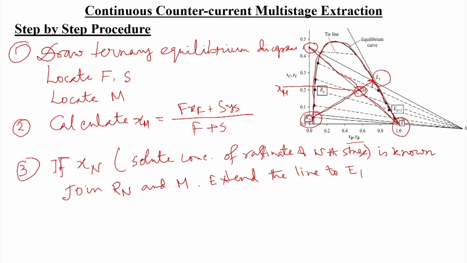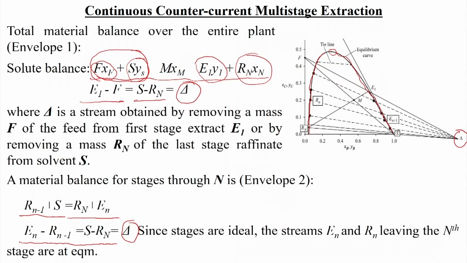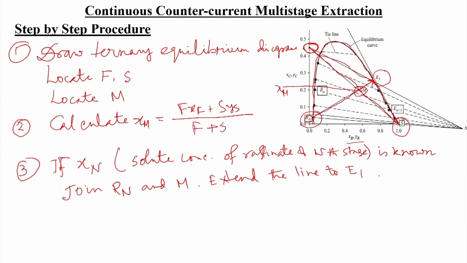Now, we have F available, we know then E 1. So, we know that the difference point we found out, E 1 minus F or S minus R n, is giving this delta. So, whenever we have this F and E 1 we have this one. So, E 1 minus F, or we will be getting now S minus R n, suppose we have this S and R n. So, from there we will be getting this same delta like this.